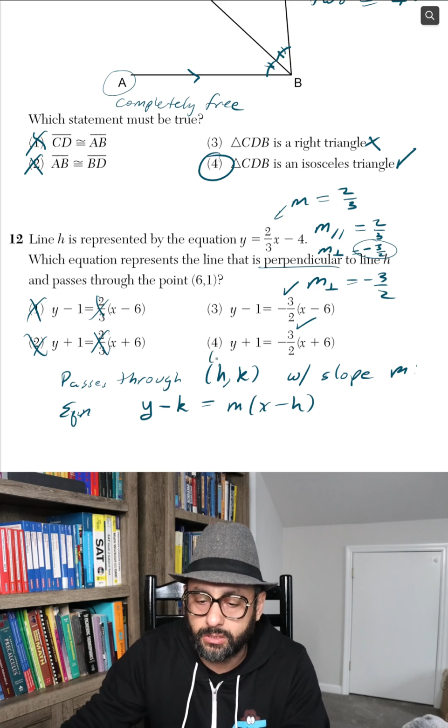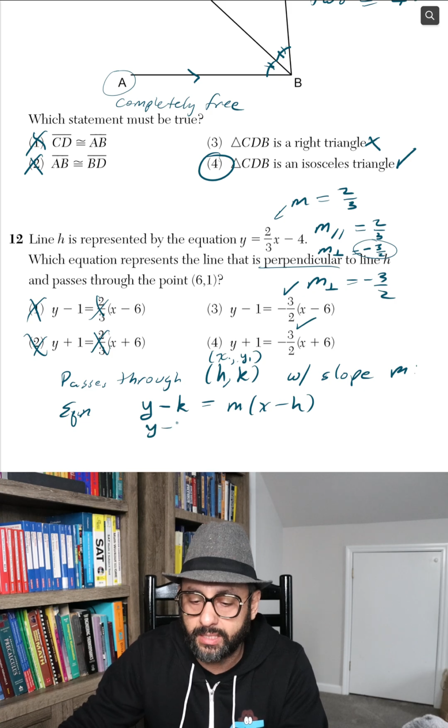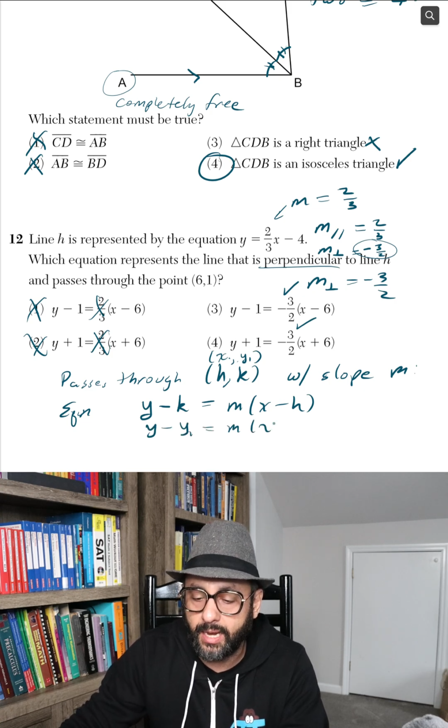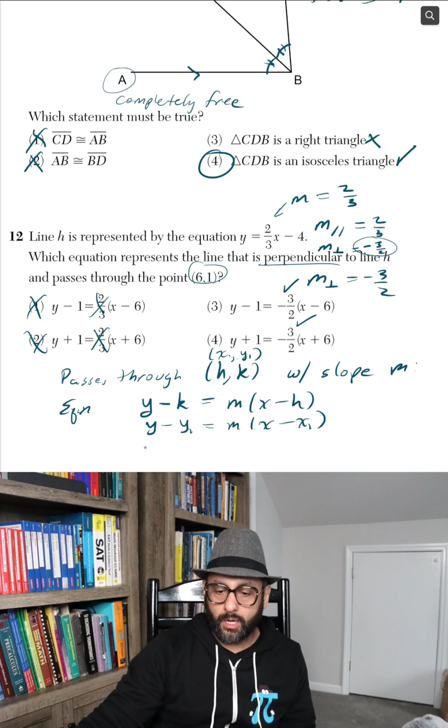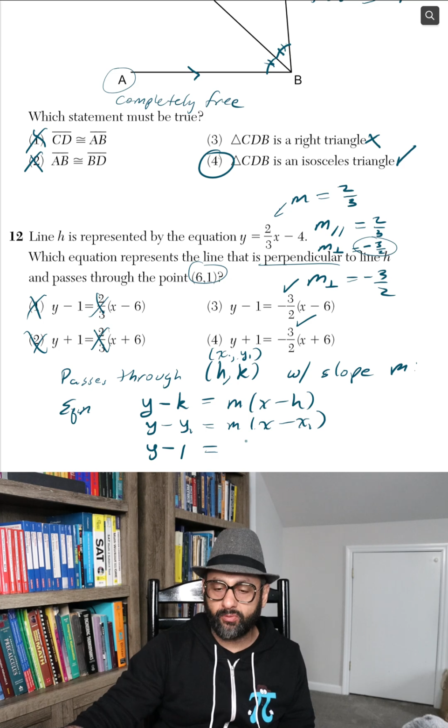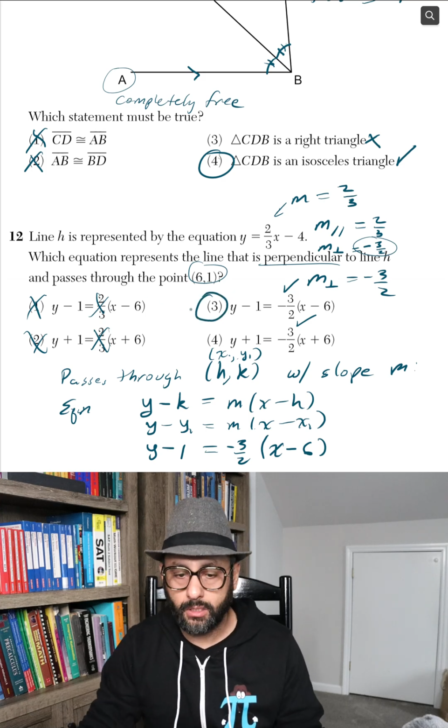I know that some teachers, actually almost all teachers, prefer x1 y1. I like hk, but if I used x1 y1, y minus y1 is equal to m times x minus x1. But either way, based on this equation, we get y minus the y coordinate 1 is equal to the slope of the perpendicular line, negative 3/2, times x minus the x coordinate of the point, 6. And that does match exactly with choice 3.